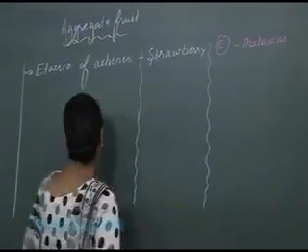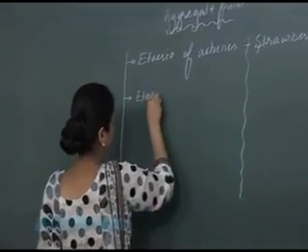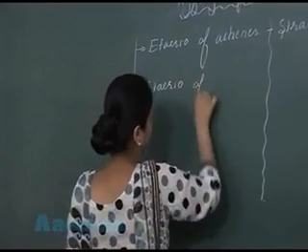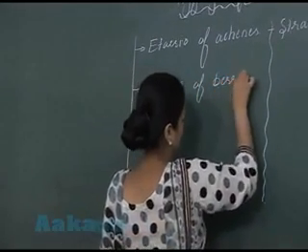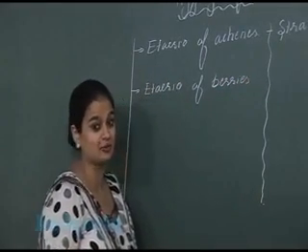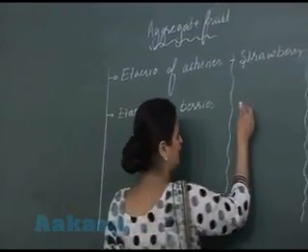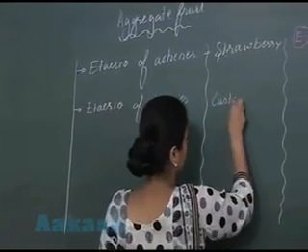Second example of aggregate fruit is Etaerio of berries. Yes, so please keep this in mind that Etaerio of berry is not present in strawberry. Etaerio of berries is present in custard apple.